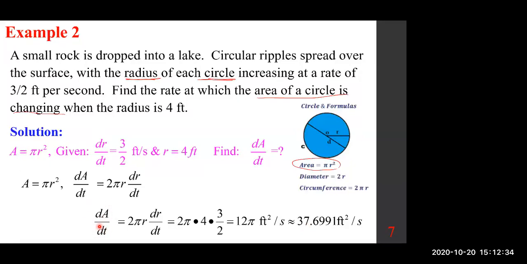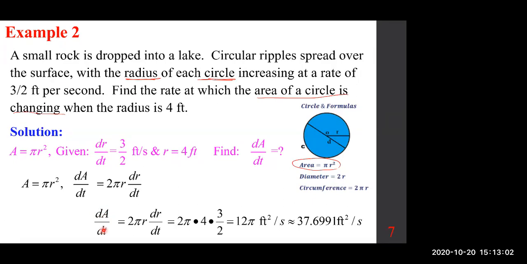So what are the units? The units of area over the units of time. So that's why square feet over second. I'm going to emphasize that because I want to make sure you're comfortable with finding the final units. dA/dt, change in A over change in time in essence. But this is an instantaneous rate of change.